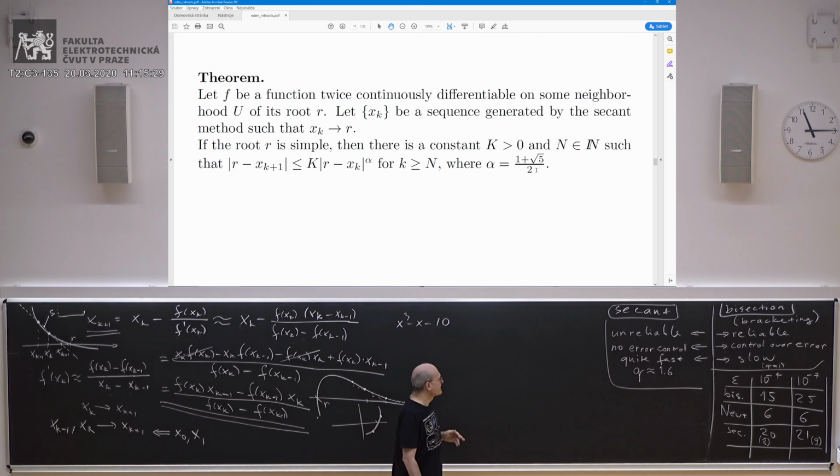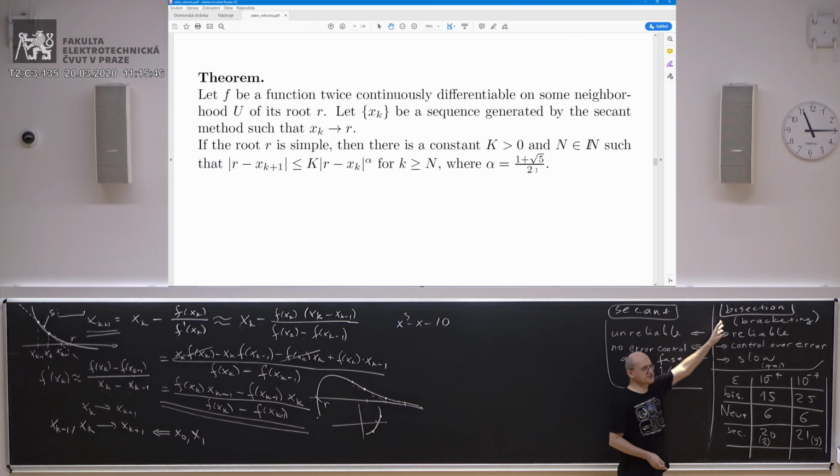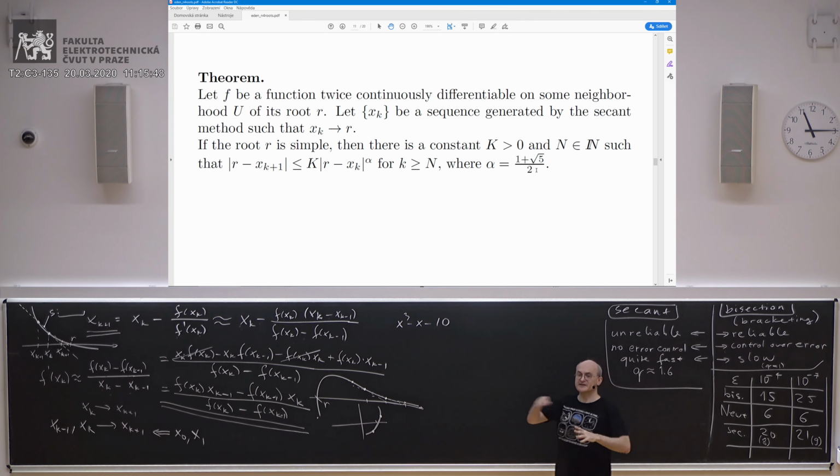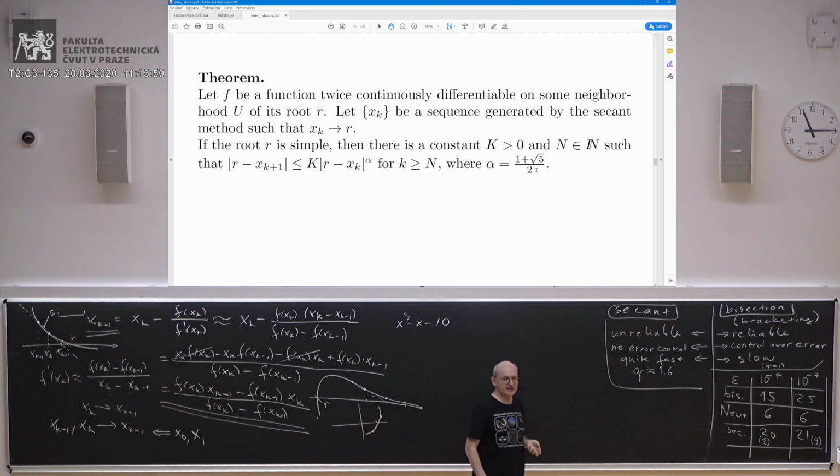Let me explain. How did we calculate the order of the bisection method? We split the interval in 2. What if I decide that one cycle of the bisection method, one iteration, means that I split in half and split in half and split in half? I simply take 3 stages of the regular bisection method and call them one stage of my new improved method.